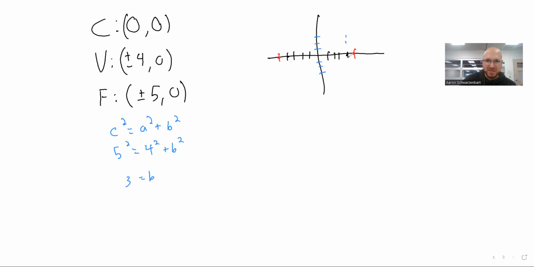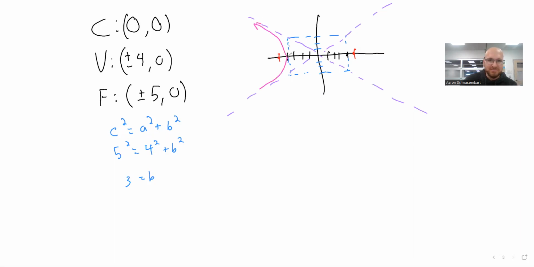What that means, and this is going to help me draw, I make a box here, 4 horizontally, 3 vertically. My asymptotes are going to go through the center and the corners of my box. And here is my hyperbola.